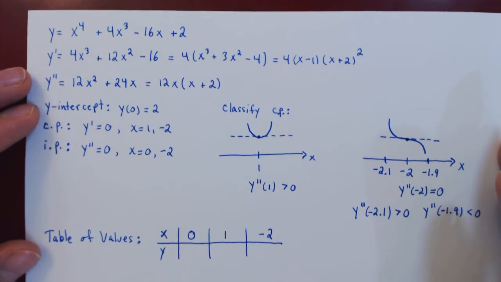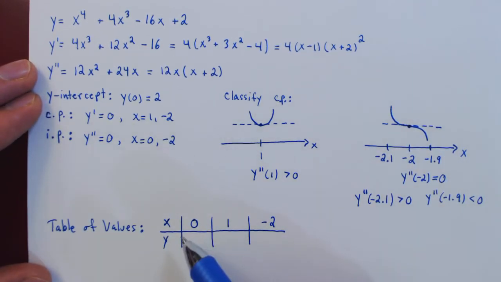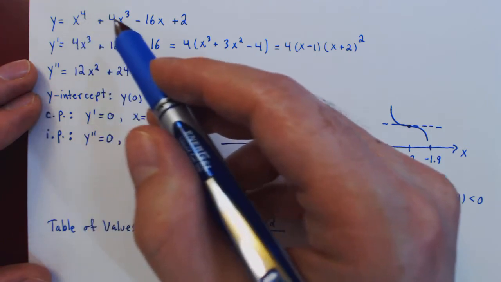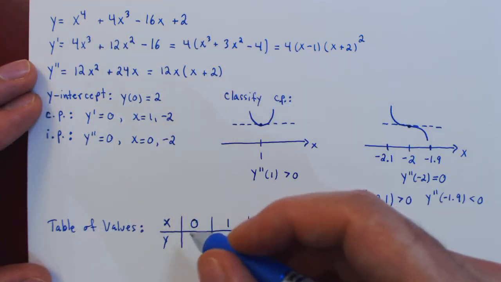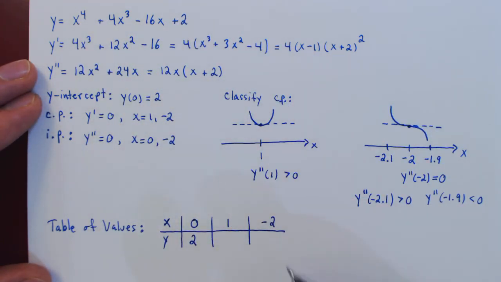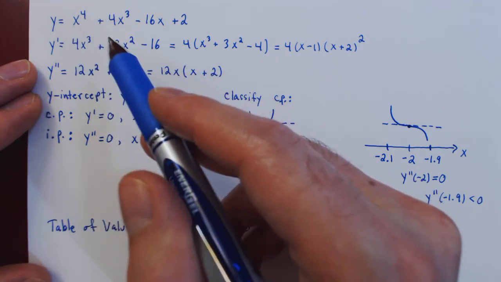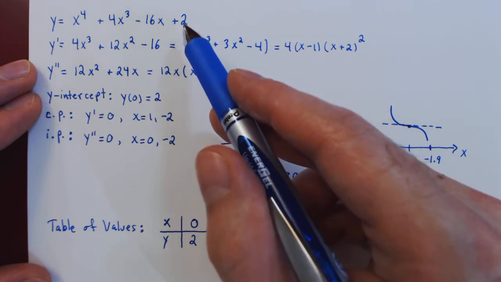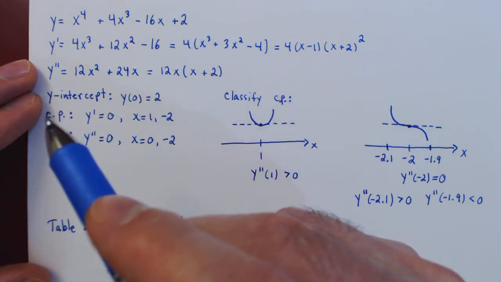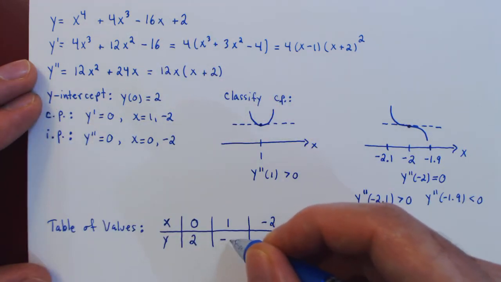So let's look at the original function, replacing in each case x by the appropriate value. So when x is 0, y is clearly 2. When x is 1, we get 1 plus 4, 5, plus 2, 7, minus 16, negative 9.